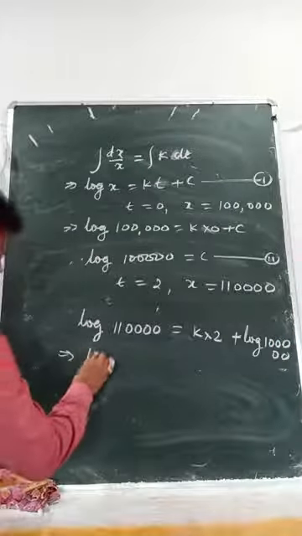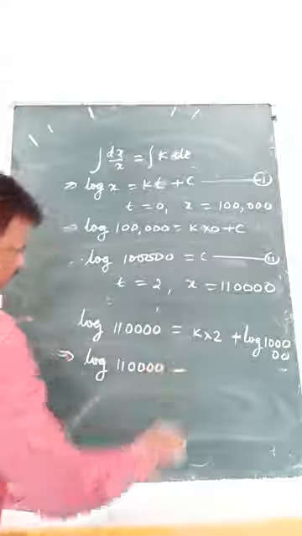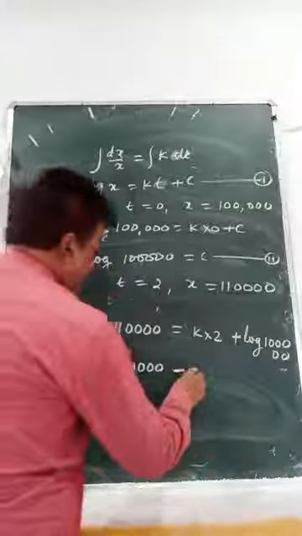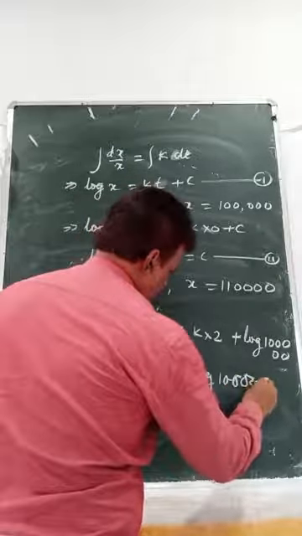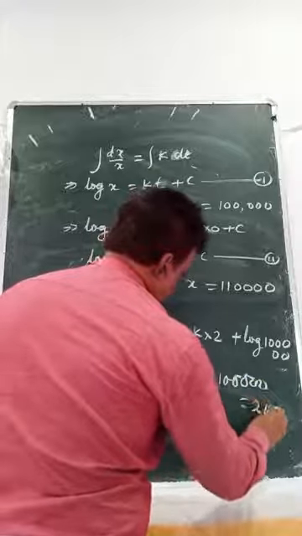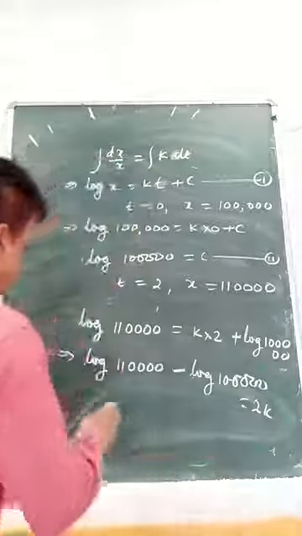This implies log of 1 lakh 10,000 minus log 1 lakh equals 2k. Log a minus log b is log a by b.